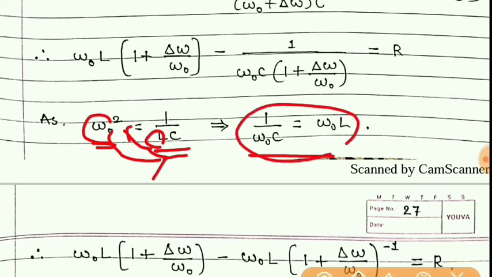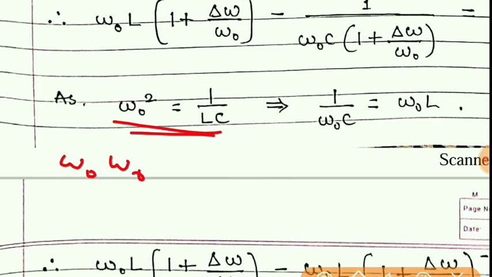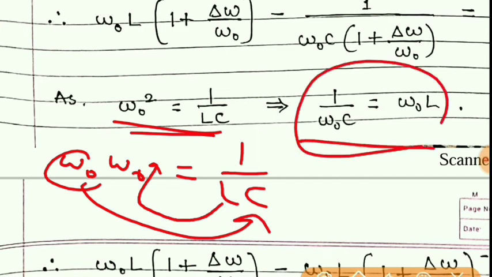You will get this equation. Let me show you. This equation can be written as omega naught into omega naught, because it is square of that, is equal to 1 upon LC. Now just bring this L here and 1 omega naught here. You will get this.